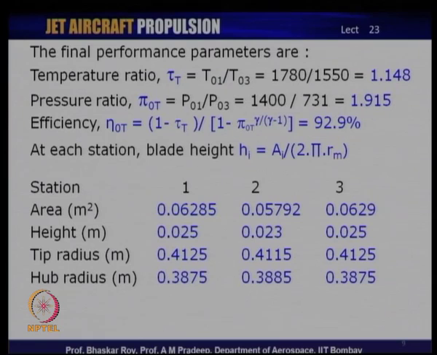Then across the rotor, as you can see, there has been an increase in area, and across the stage indeed there has been a slight increase in area. The height, as you can see, again has changed across the stations. Correspondingly, the tip radius and the hub radius can be found using the geometry that is available with us.